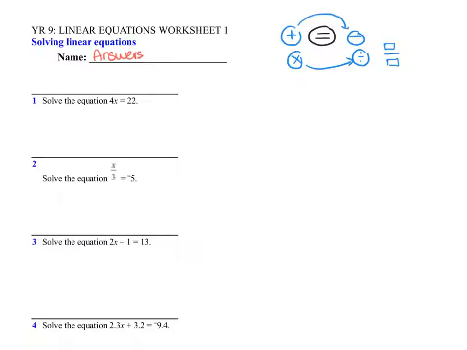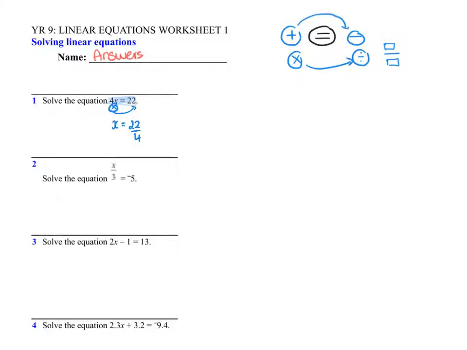So if we look at this first one, 4x equals 22, sorry. So what's actually happening there is the 4 is timesing with the x. So if I move the 4 over an equal sign, it's going to do the opposite to timesing, which is dividing.